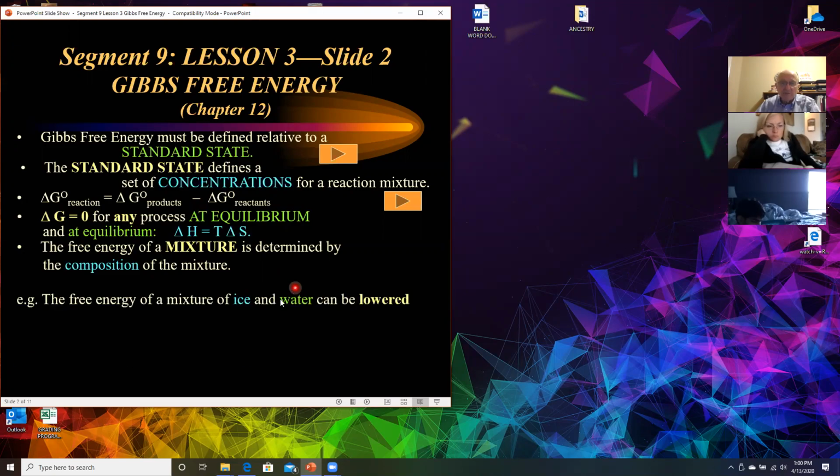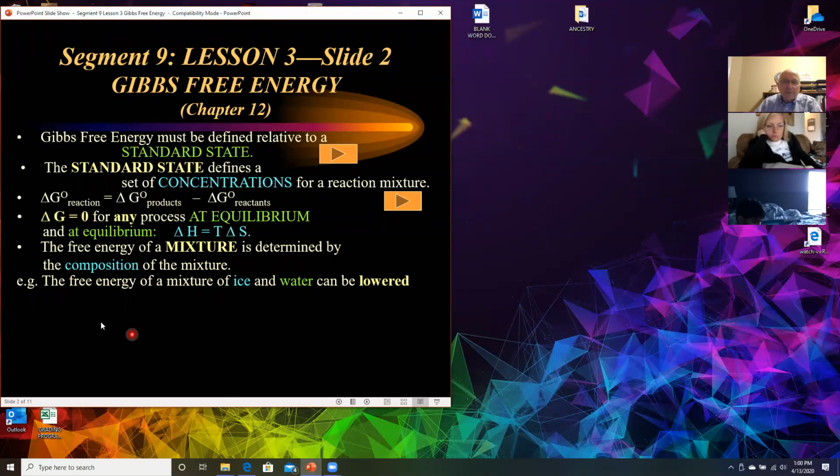Now, the free energy of a mixture of ice and water can be lowered if the mixture is changed to water, if you're at 25 degrees. So at any temperature greater than 0, that's going to be the case. The equilibrium temperature for freezing water is 0 degrees Celsius.